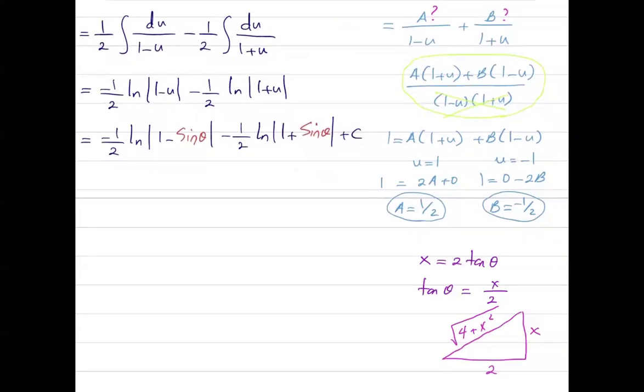Very good. So sine theta can be written as x divided by the hypotenuse, which is square root of 4 plus x squared. So this integral can be written as, we can factor out negative a half and combine these two as well if you want to. Absolutely fine.